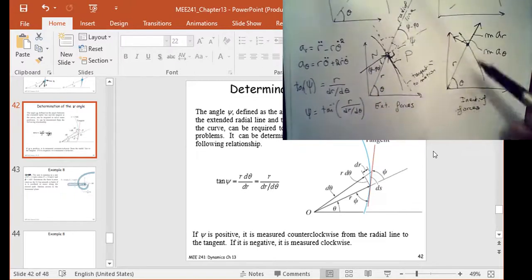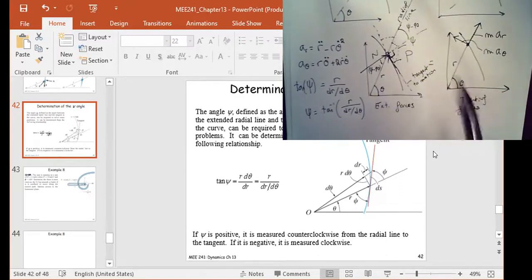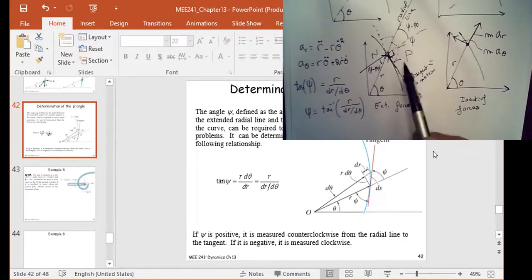Now I can sum the forces along the radial line. We're assuming phi is the largest one.